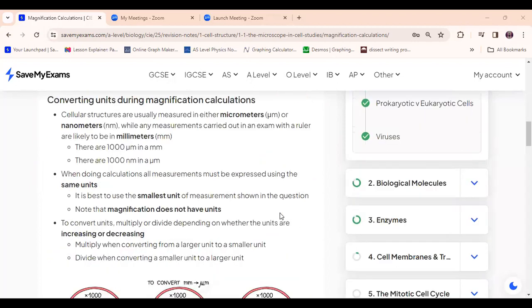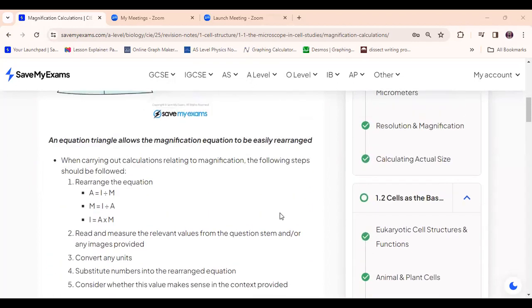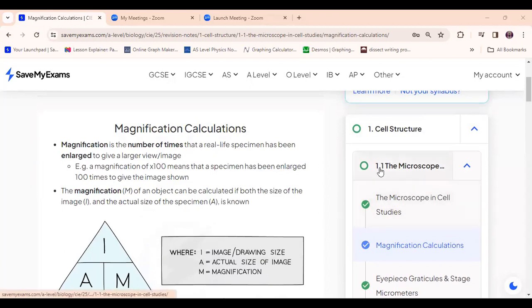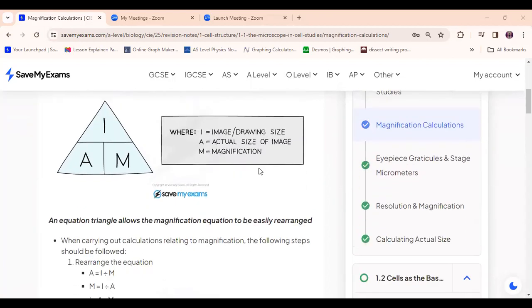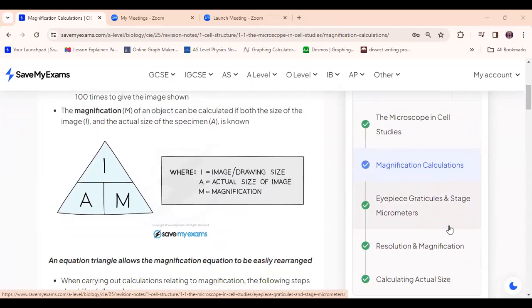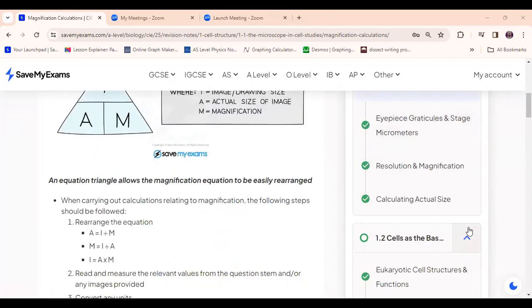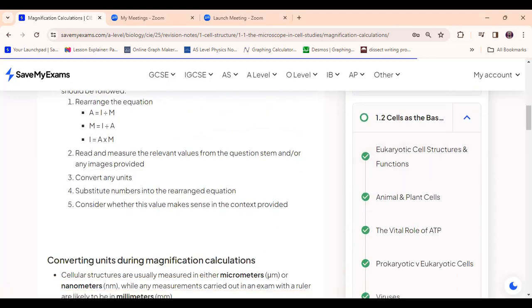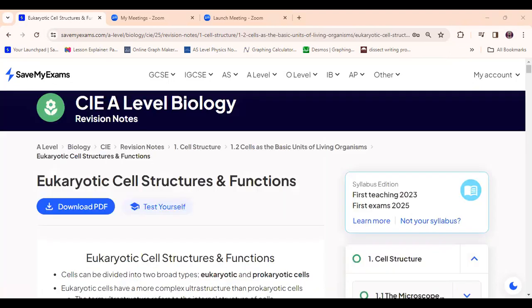There is a part which comes before the actual study of cells, according to your specifications: the microscope, where you'll be dealing with microscope calibration, the difference between resolution and magnification, calculating actual sizes, and comparison between different microscopes like the light microscope and electron microscope.